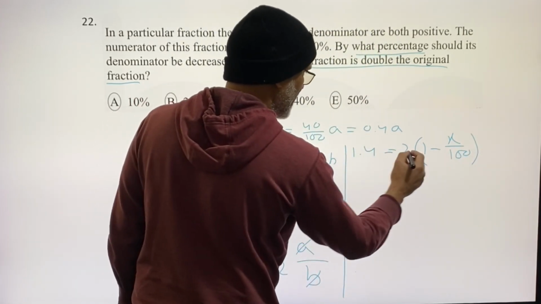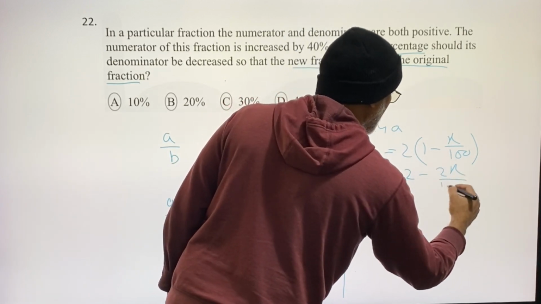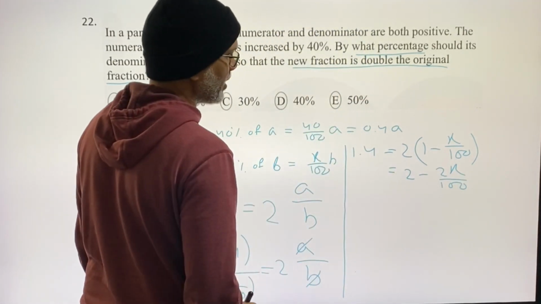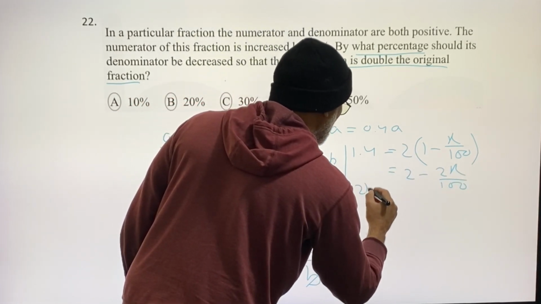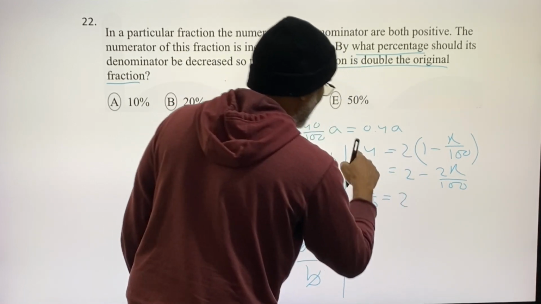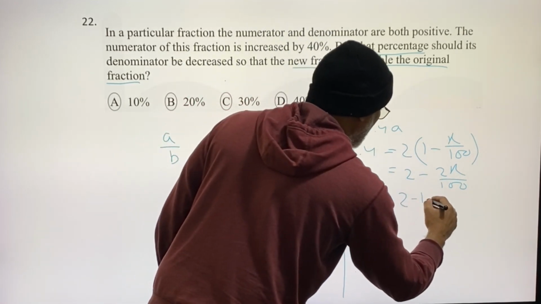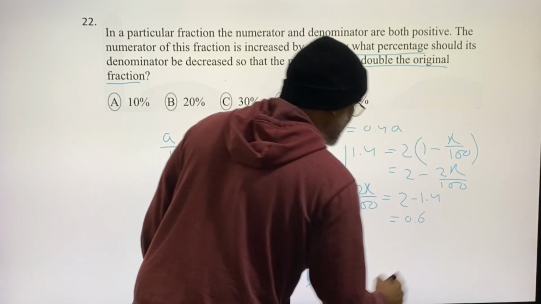So let me open the bracket. So this is 2 minus 2X by 100, right? I bring this to this side. So 2X over 100 is equal to 2 minus 1.4. So 2 minus 1.4 is 0.6.